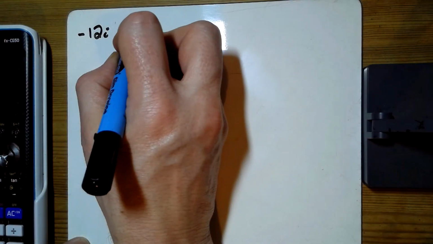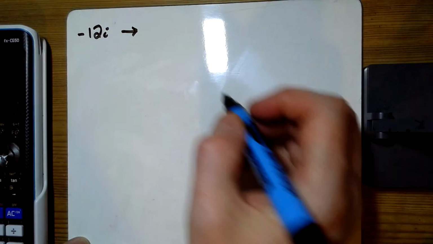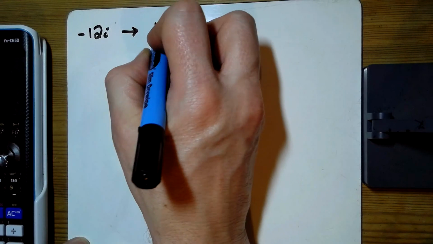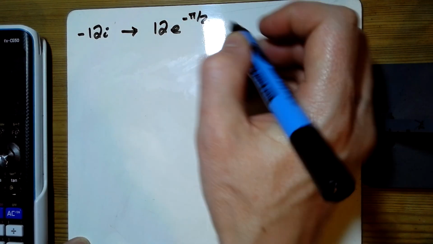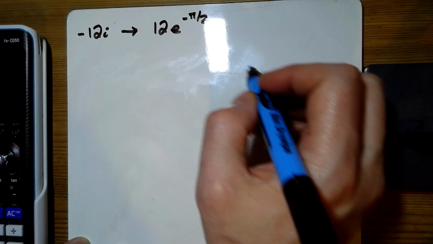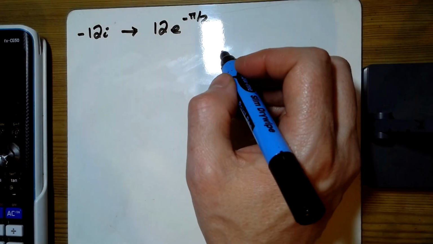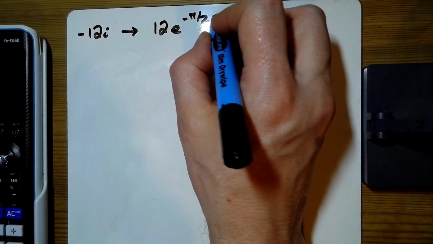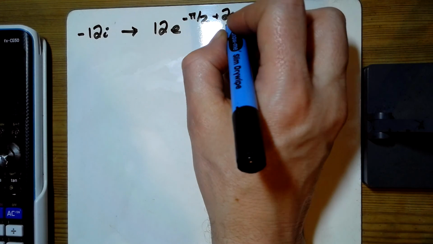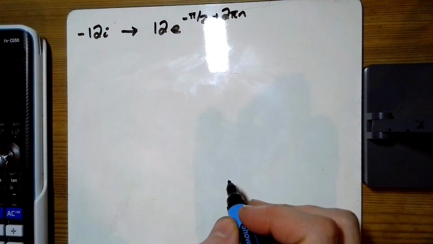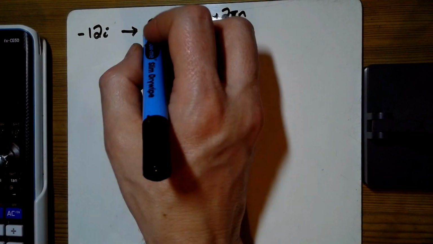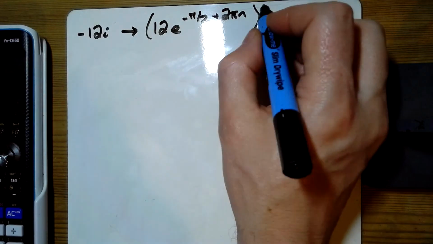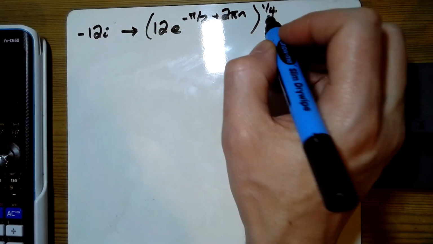Right, so minus 12i, that is 12 e to the minus pi over 2, isn't it? Because it's straight down, so that's the original one there. But we could add 2 pi times n, going round and round. And we want to find the fourth roots of that, so we're doing that to the power of a quarter.